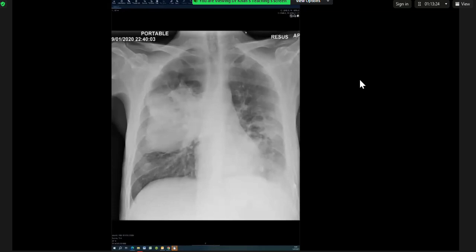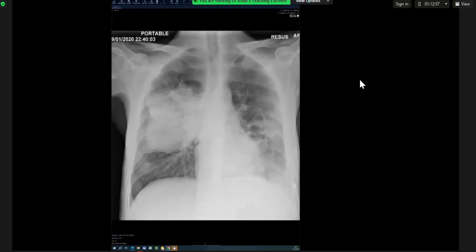The large one is seen in the right lung field at the mid-zone level. I cannot see any cavitation within. The other one is seen in the left lung field in the lower zone and more peripheral distribution.